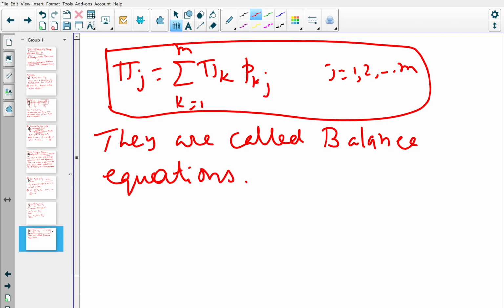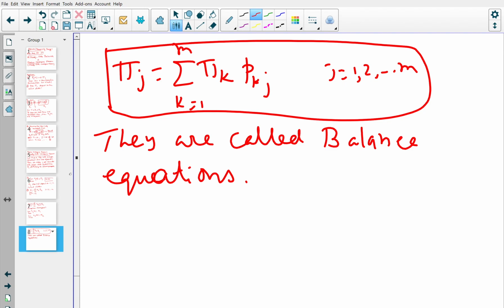Okay, so this proof is simple, it gives you the balance equation. And now one more property, property number 3.